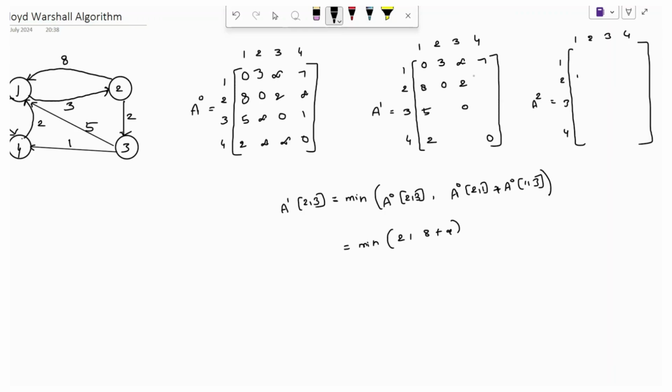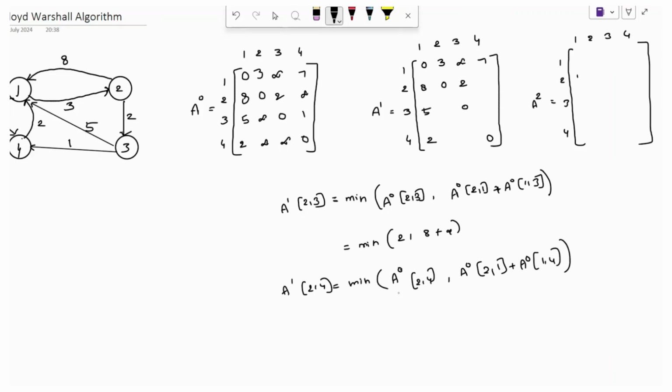Similarly, I have to calculate A1 of 2, 4. A1 of 2, 4 will be minimum of A0 of 2, 4, A0 of 2, 1 plus A0 of 1, 4.